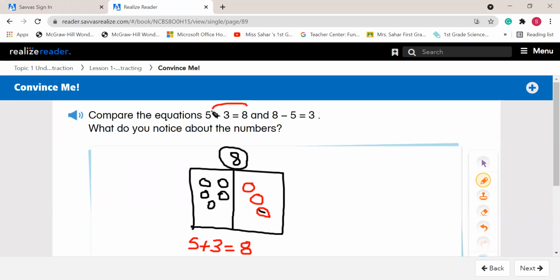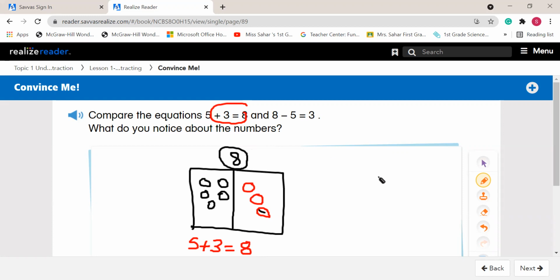This is the part. All right. Now, 8 minus 5 equals 3, because now I know how to add to find the missing number. I can also use subtraction to find the missing number.